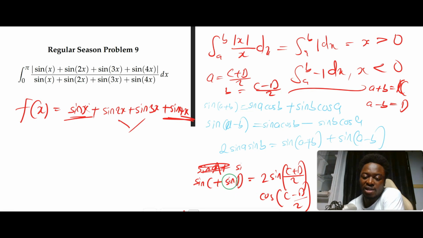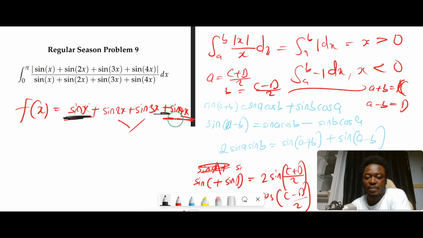So having gotten this, we can now combine sine x and sine 4x. If you do the combination, you would obtain that sine of x plus sine of 4x is going to equal twice sine of, now x plus 4x is 5x, over 2, so you have sine of 5x over 2.